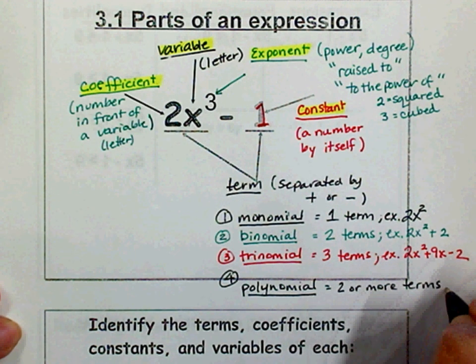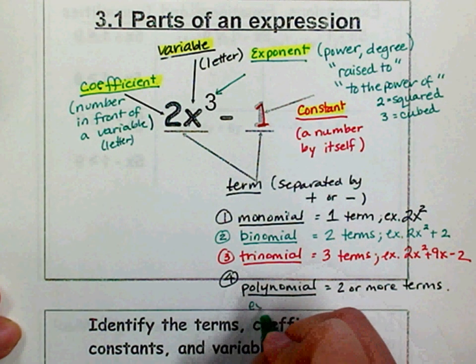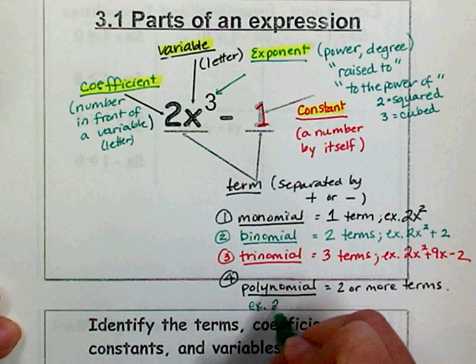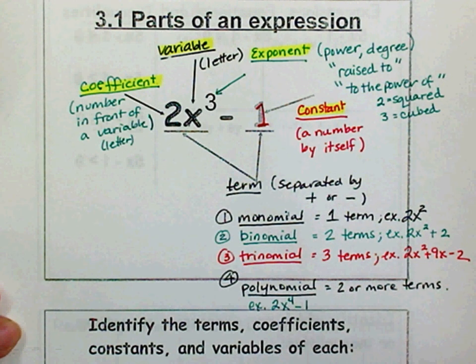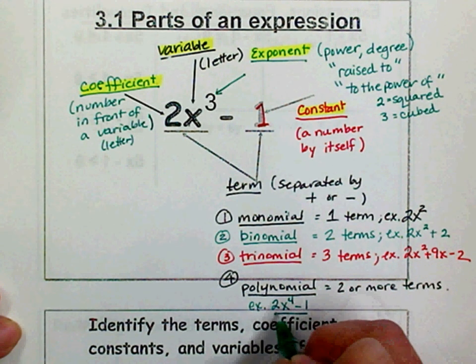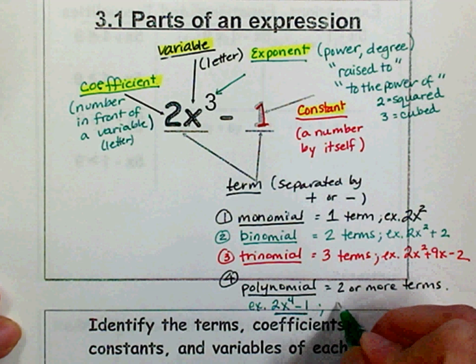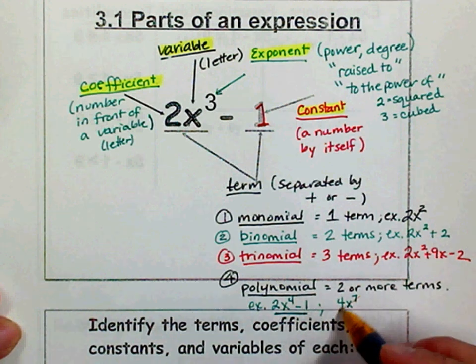Okay? For example, 2x to the fourth minus 1. Is that a polynomial? Yes, because here's one term, here's another term. Okay? Is 4x to the seventh a polynomial? No, because there's no plus or minus between them.